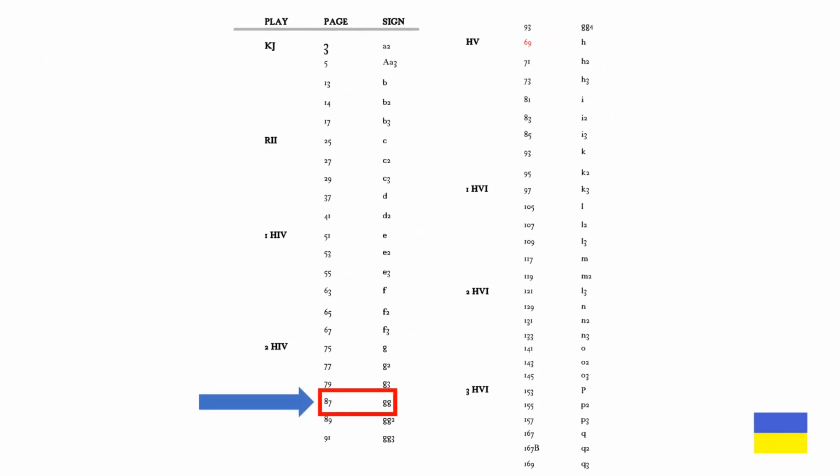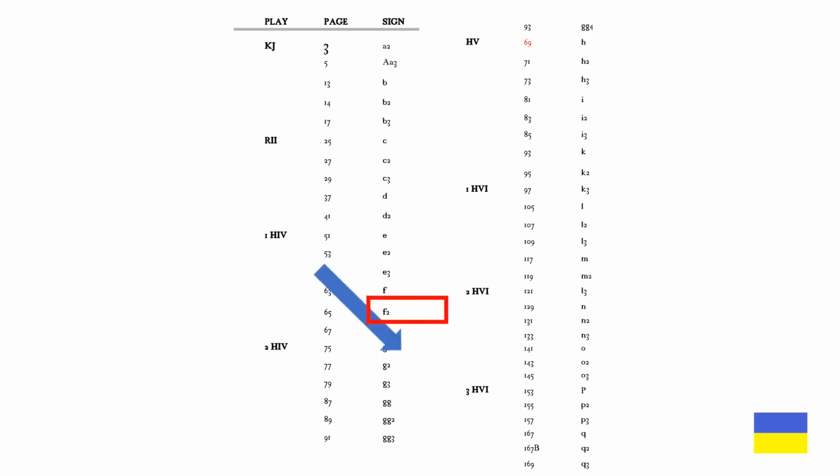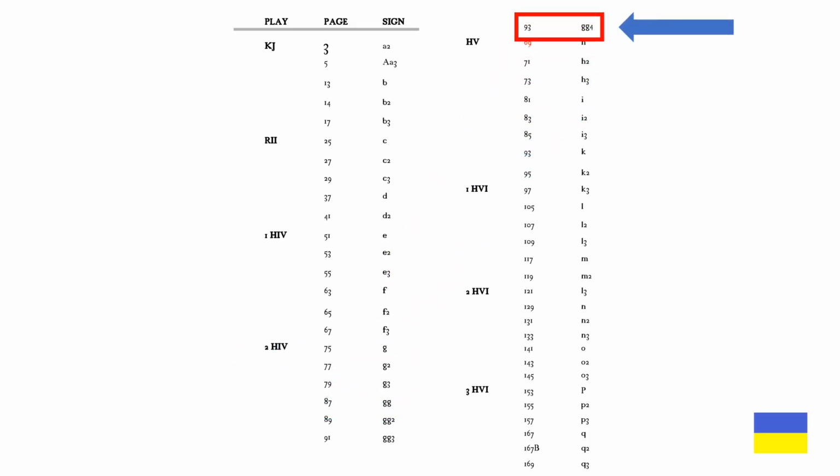The quaternion begins on page 87 in the second part of Henry IV, where the collation letters are GG. The last section is on page 93 at GG4.